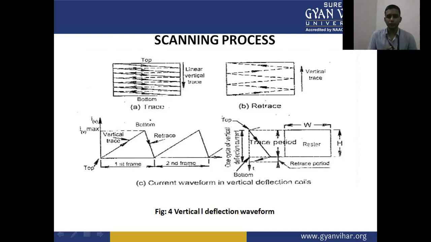And the current waveform for vertical scanning with time is shown in figure C, that is, top to bottom and bottom to top. Bottom to top is known as the retrace period, top to bottom is known as the vertical trace period.